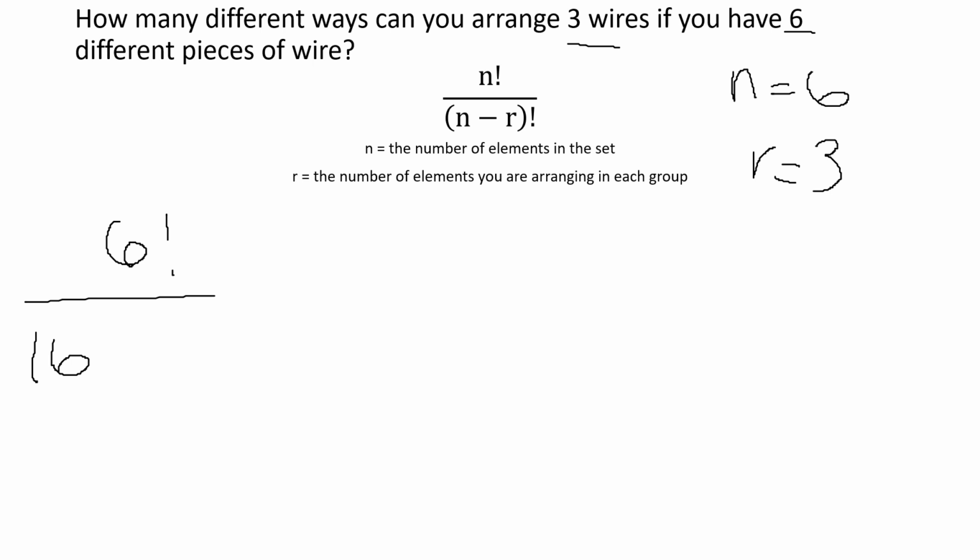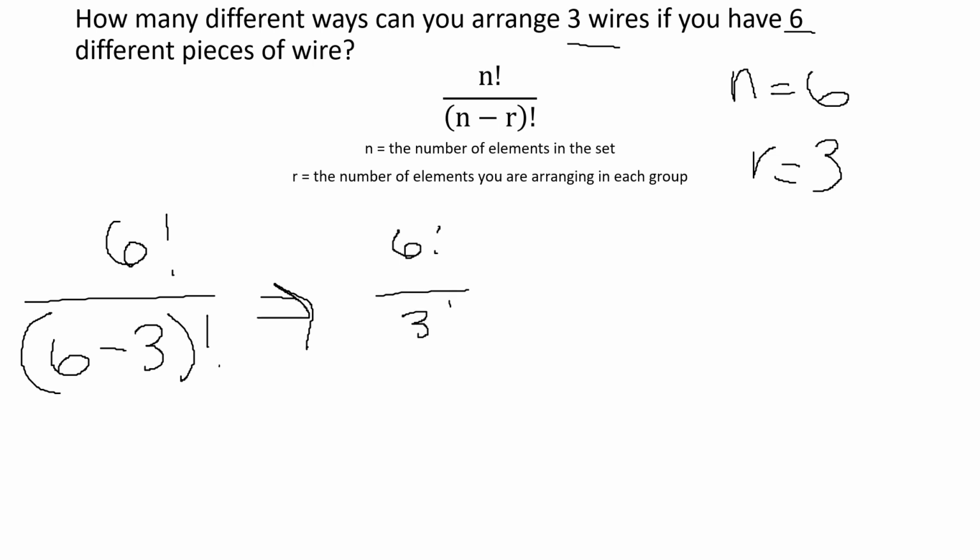N is the number you have altogether. R is the number you're working with. So n factorial over n minus r factorial. Now remember, we have to do our parentheses first, so 6 factorial over 3 factorial.